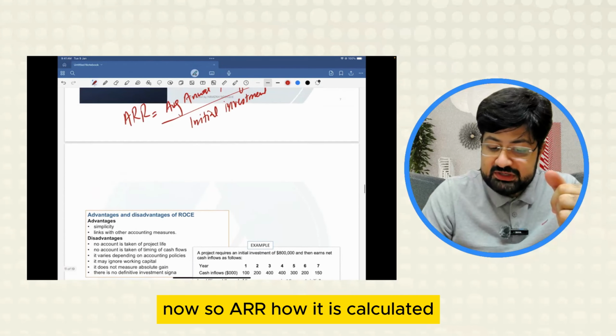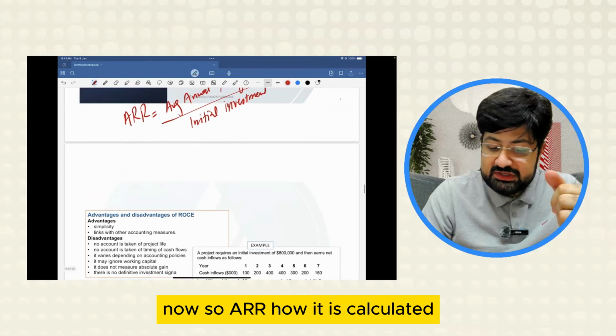So 1250 divided by 2750. In this way, it is easy to calculate ARR. I'm doing it on a calculator. It is 45.4%.